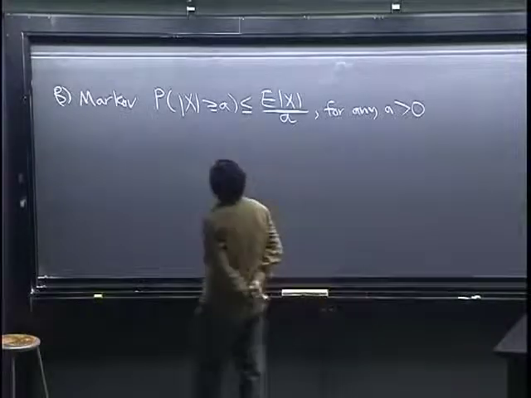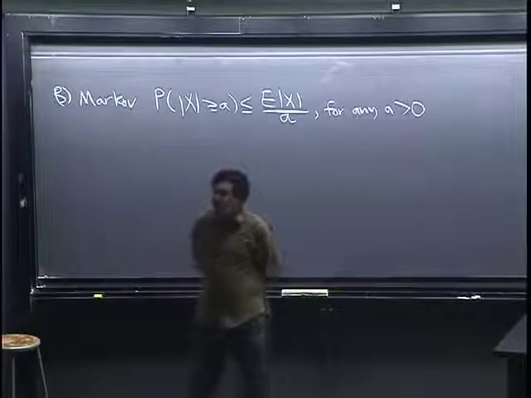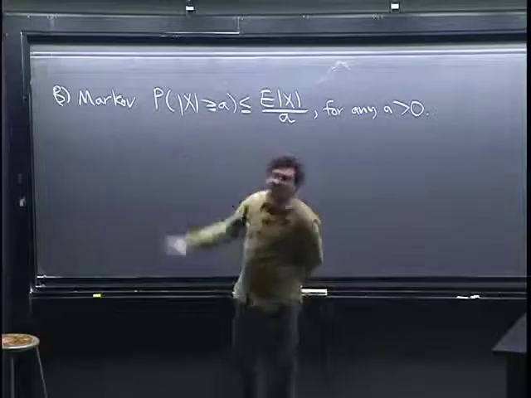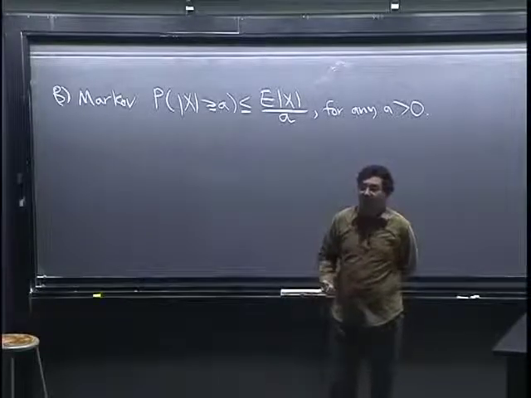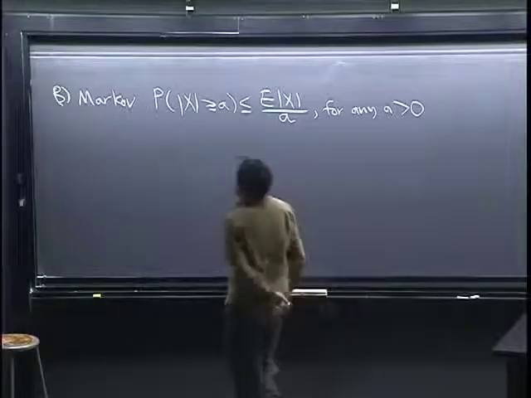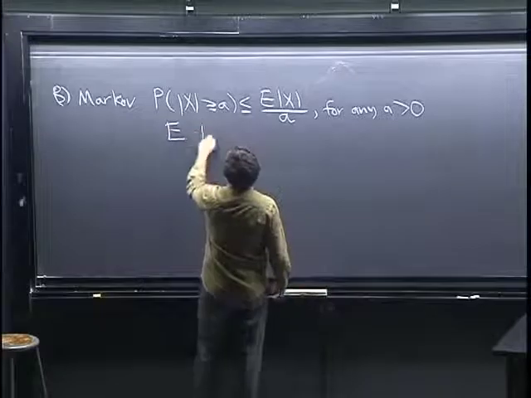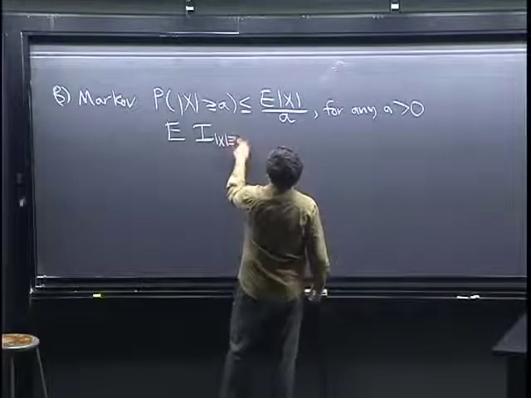Well, the proof is basically to use the fundamental bridge, that I'm going to convert this probability of an event. It's the same as the expected value of the indicator of that event, right? So that's the same thing as the expected value of the indicator of x greater than or equal to a.